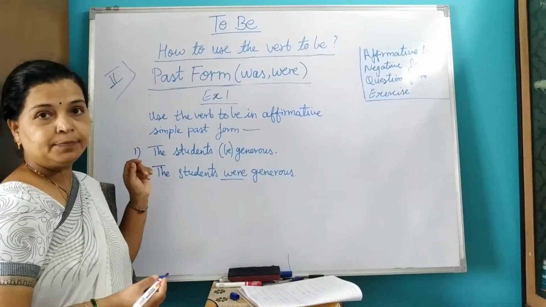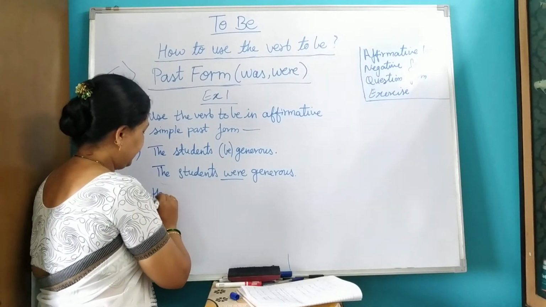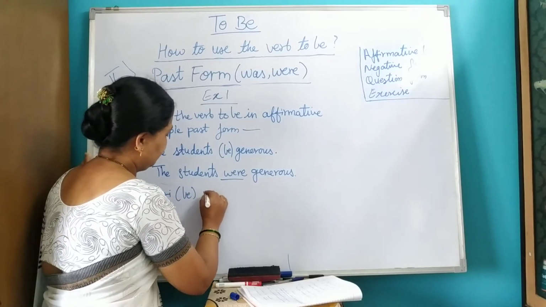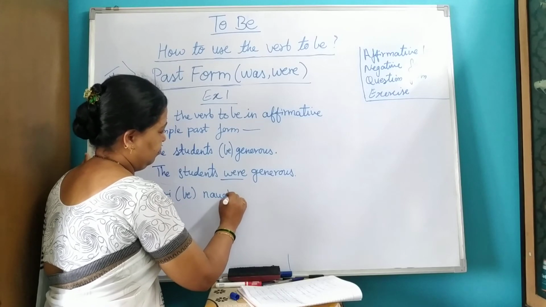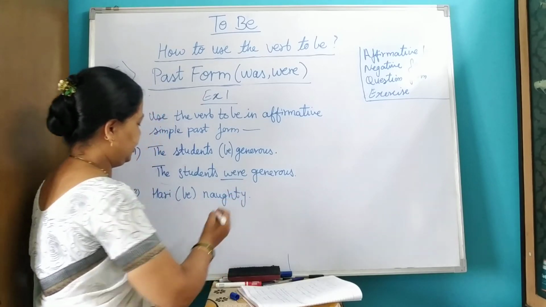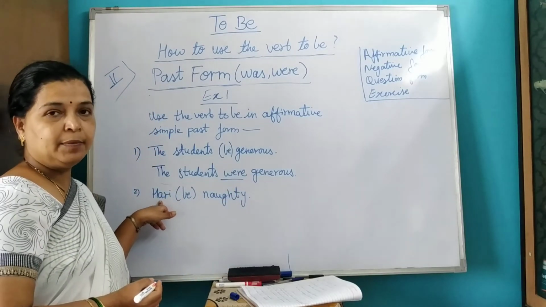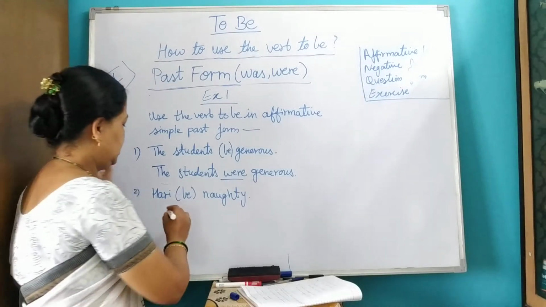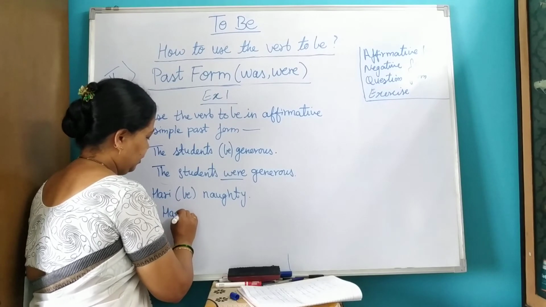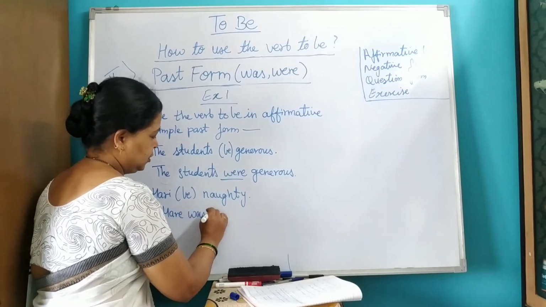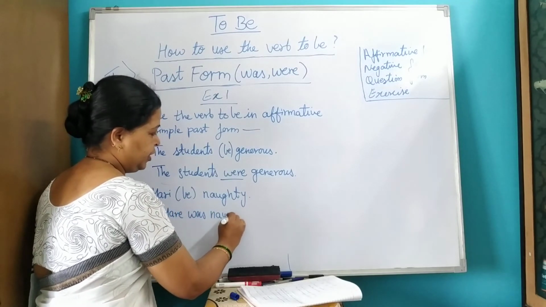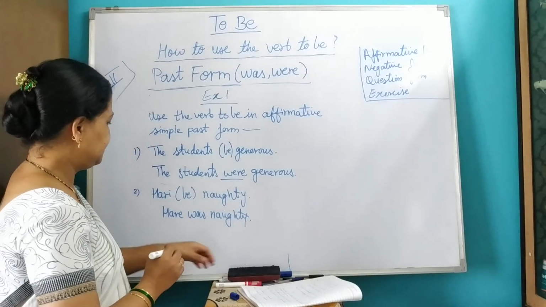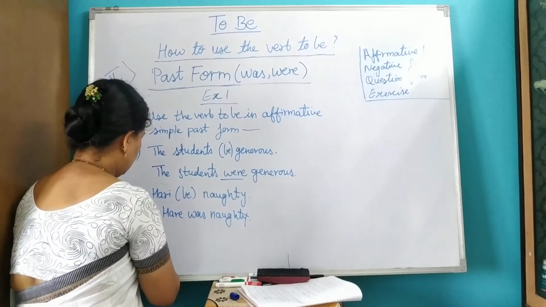Second sentence. Hurry be naughty. So hurry is third person singular. So we use was. So hurry was naughty. Okay, one more sentence. Third one.